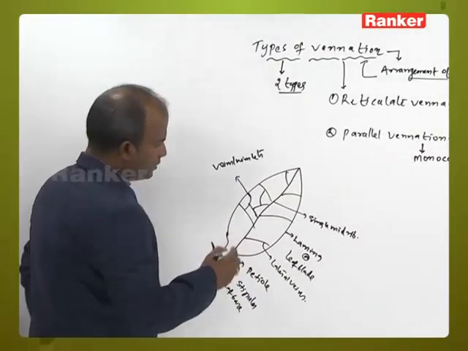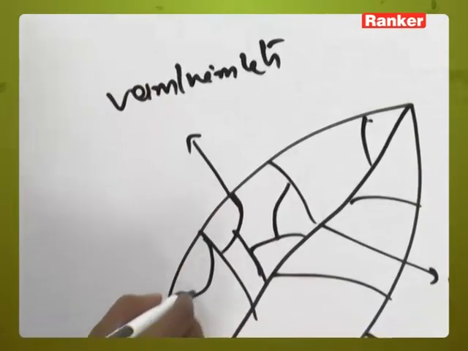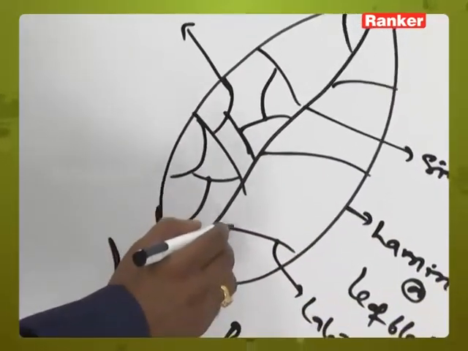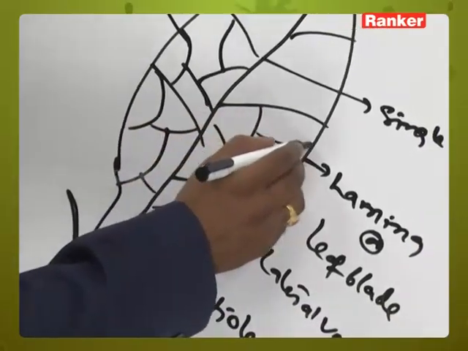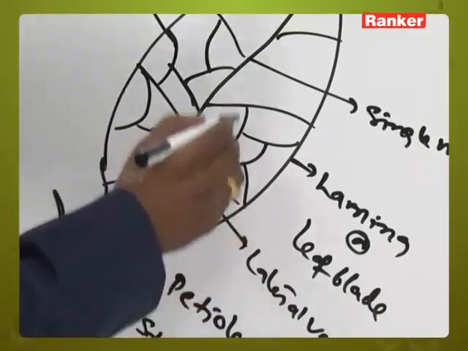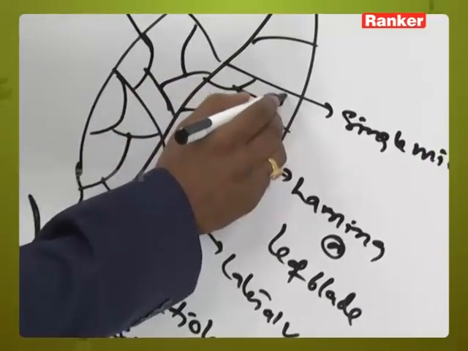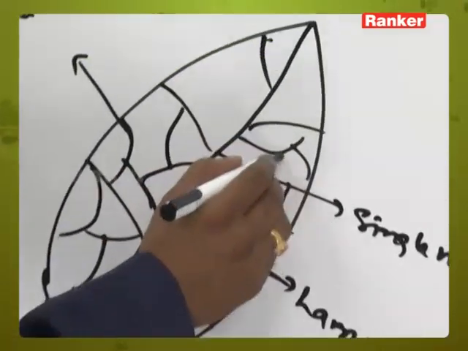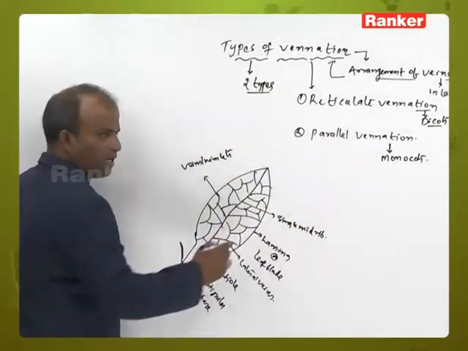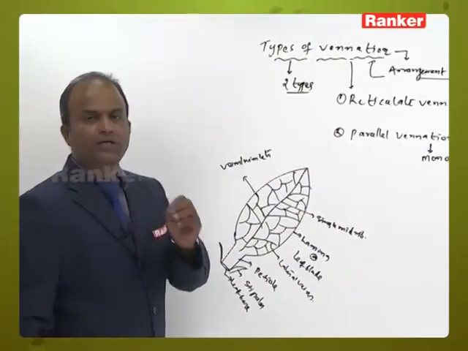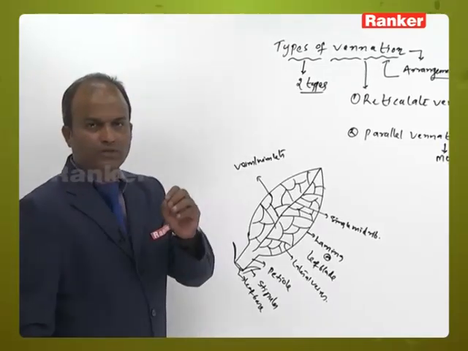Due to this, the leaf appears to have a net-like arrangement, which is what reticulate means. So this type of venation is called reticulate venation.